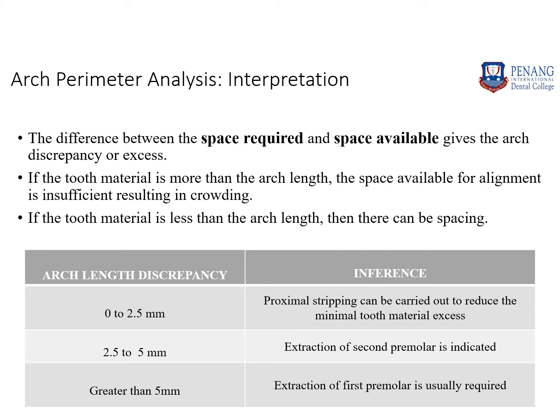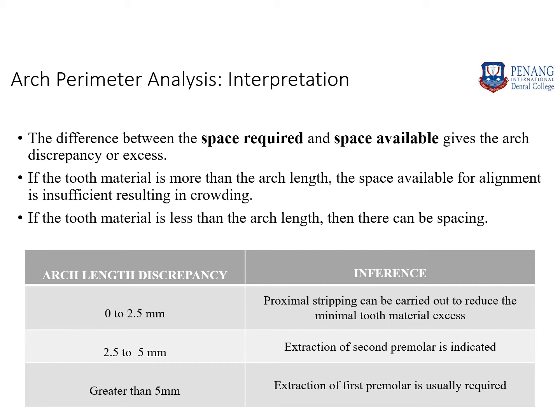So if the tooth material is more than the arch length, this will indicate that the space available for alignment is insufficient, resulting in crowding. On the other hand, if the tooth material is less than the arch length, then you can understand that there will be spacing. So the table here shows the arch length discrepancy versus the inference.